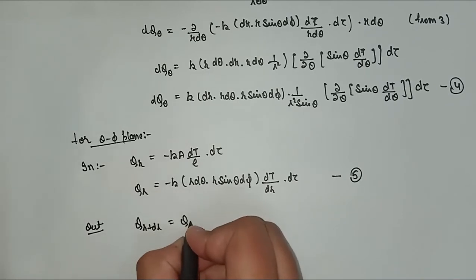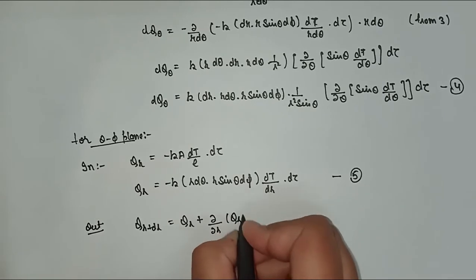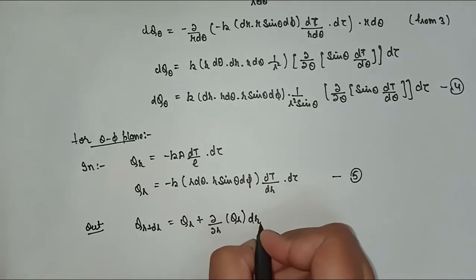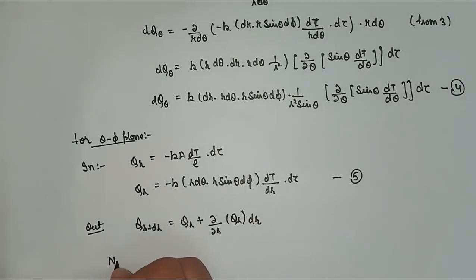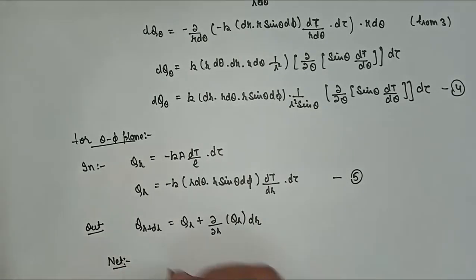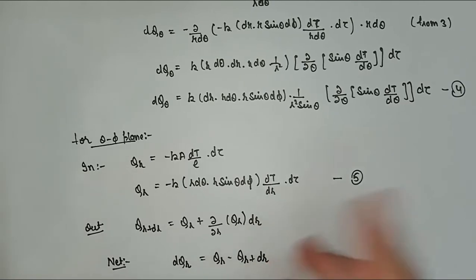Similarly, the heat going out will be equal to Qr+dr, which equals Qr plus ∂Qr/∂r into dr. Net heat flow will be equal to dQr, which equals Qr minus Qr+dr.